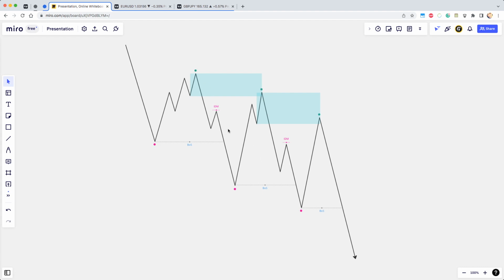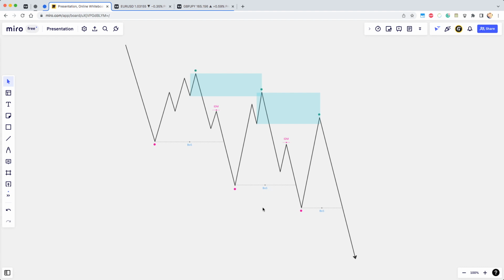Because after this inducement was taken out by this move here, the price came down, right? And then broke the most recent low. Okay, so that validates our break of structure here, because everything in between these two dots is your internal range, right? But that's another topic.